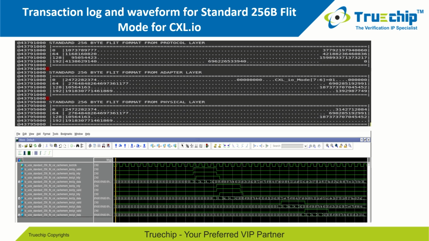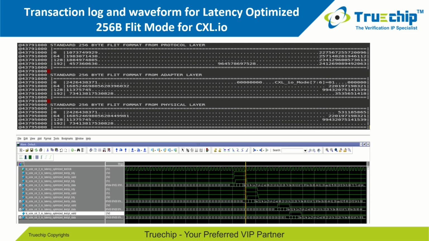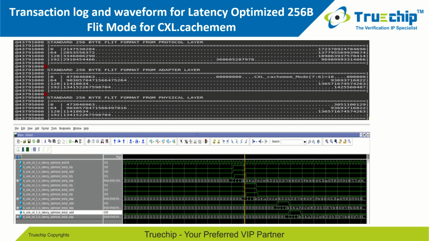Now we have the transaction log and waveform for standard 256-byte flit mode for CXL IO. And we have the waveform and transaction log for latency optimized 256-byte flit mode for CXL IO. Now these are the transaction log and waveform for latency optimized 256-byte flit mode for CXL cache.